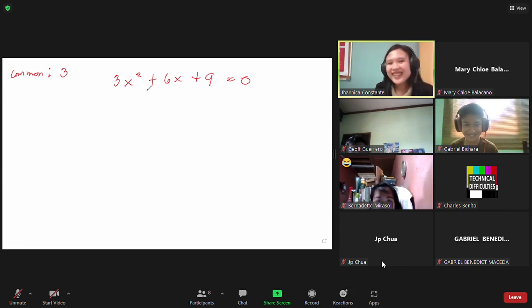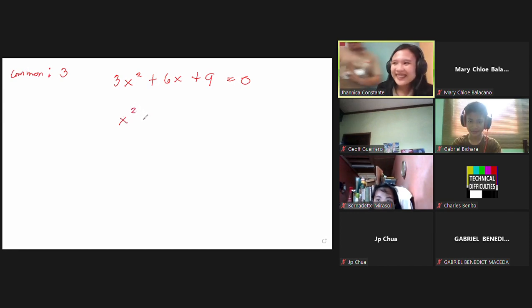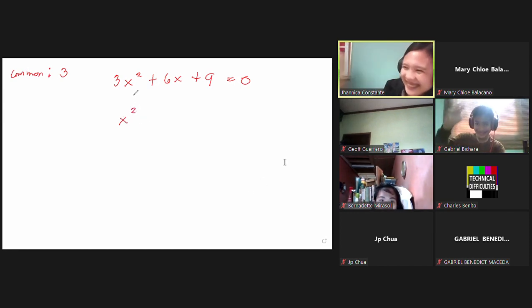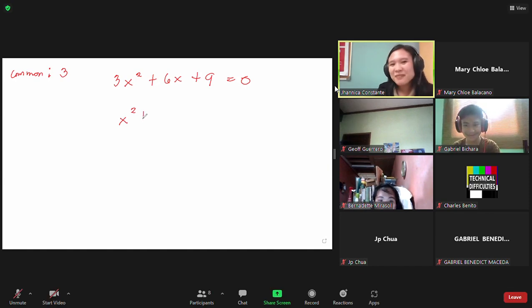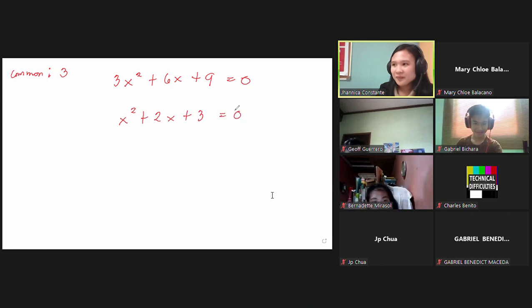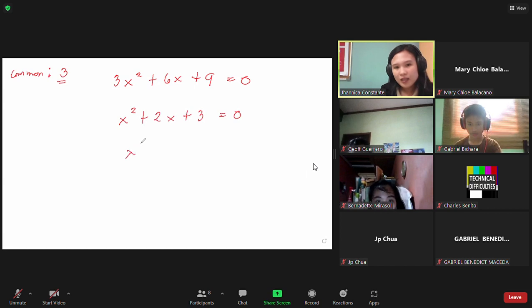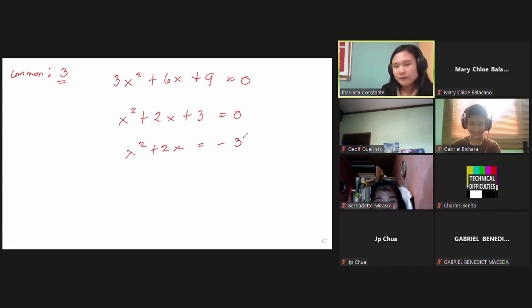So we have 3x squared plus 6x plus 9. Remove the common factor to each term of our quadratic function. We have x squared plus 2x plus 3, and the common factor is 3. So you have x squared plus 2x equals negative 3.